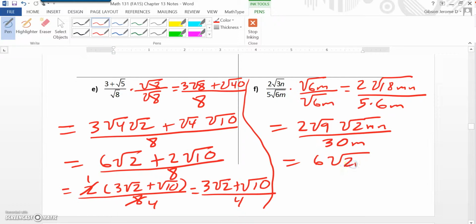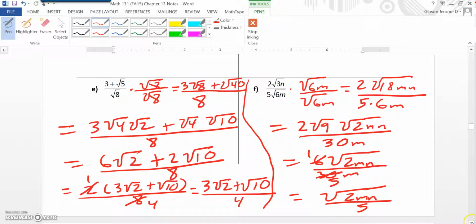So we have 6 times the square root of 2 times m times n, all over 30m. Now we know 6 and 30 have something in common, which is 6. 6 goes into 6 once, 6 goes into 30 5 times. So our final answer would be the square root of 2mn all over 5. And that is our final answer.